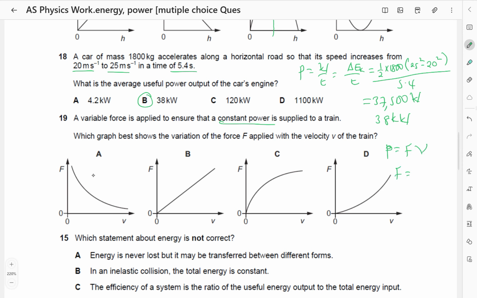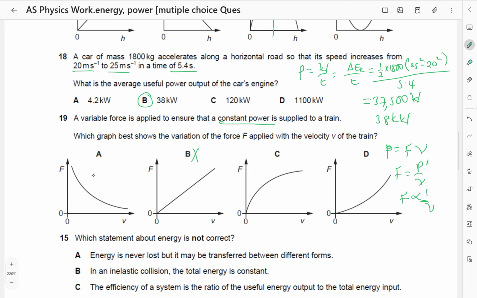So force is going to be equal to power over v. Remember, the power is constant, so force is inversely proportional to v. So first of all, as v increases, F should be decreasing.